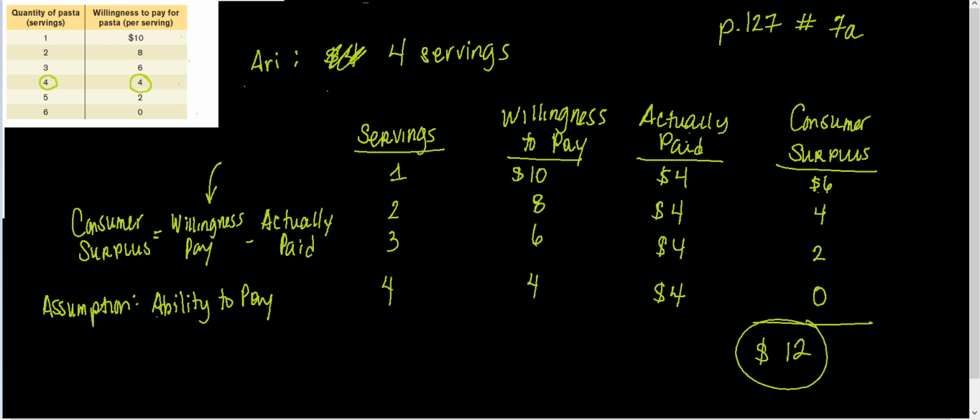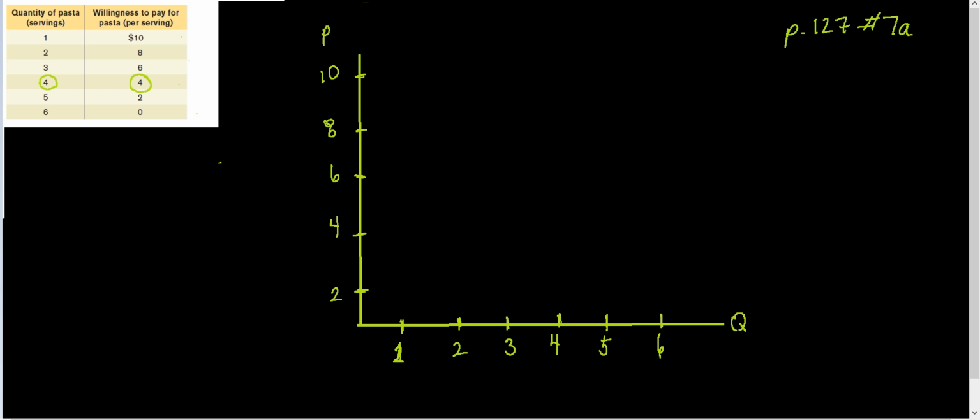Now this is calculating Ari's consumer surplus algebraically, but we can also do it graphically. So I'll do that now. Okay, so I've set up my axes here with quantity of bowls of servings of pasta on the horizontal and price on the vertical axis. And so now I'll think about the bars that are going to represent the information in my table.